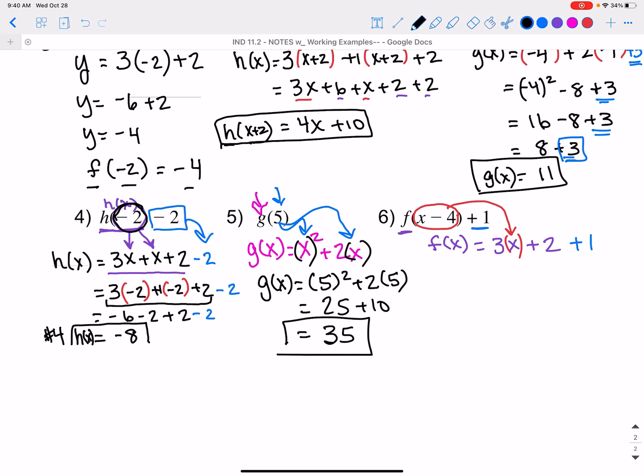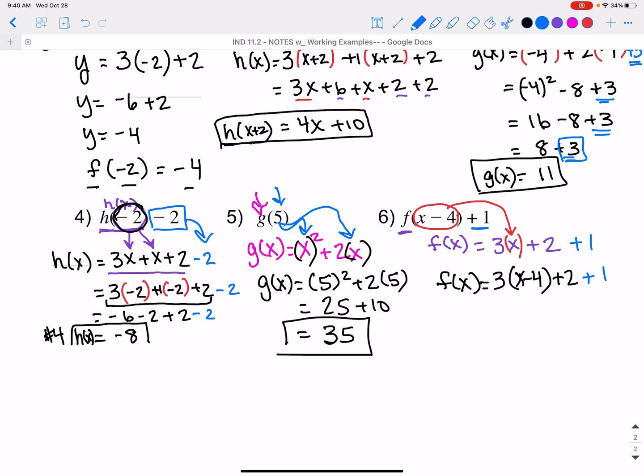So I've got f of x equals, this is number 6, 3 times, well, now there's an x, so I'm going to plug in my ingredients, x minus 4. And then this plus 2, this purple plus 2 is still part of my function. And then this blue plus 1, that's that extra 1 I tack on at the end, because it was out here on the end.